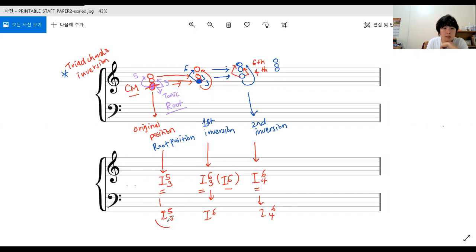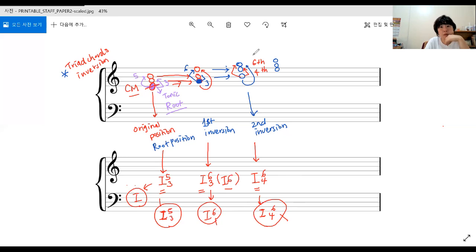But since this is the original position, we just prefer to use the Roman numeral 1, and then 1, 6, and 1, 4, 6, okay? So when you see this kind of number, you will realize that 6 is first inversion, and 4, 6 is second inversion, okay? Still, it's a C chord.